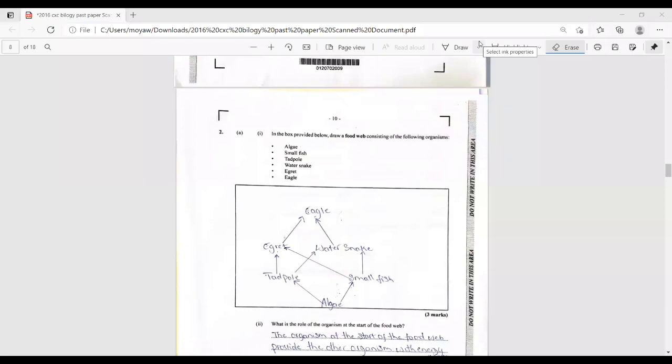Question 2AI. In the box provided below, draw a food web consisting of the following organisms: algae, small fish, tadpole, water snake, egret, eagle. Whenever I'm drawing a food web, the first thing I try to identify is which organism is going to be my producer.